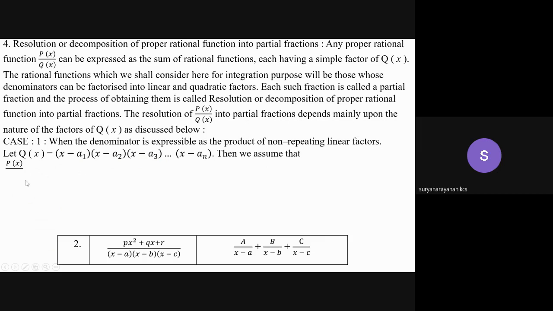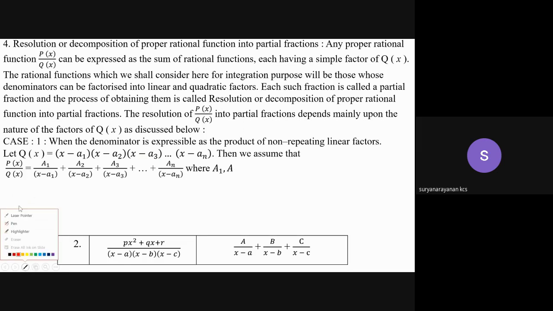Then we assume that P of x by Q of x is equal to A1 by (x minus a1) plus A2 by (x minus a2) plus A3 by (x minus a3) and so on, plus An by (x minus an). So we write the given rational function like this, where capital A1, A2, A3 and so on, An are constants. Here we have to find A1, A2, A3 and so on.